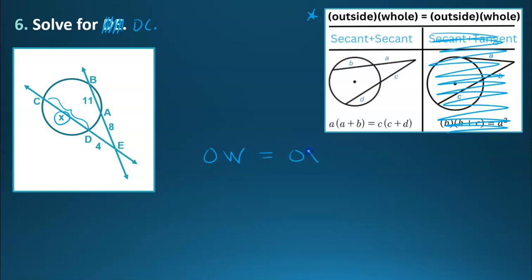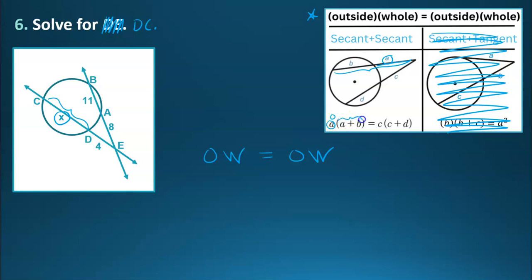It's outside times whole equals outside times whole. So what does that mean? For one of the lines, we take just the outside section, which is A in this case. That's the length outside the circle, the O in ow. We multiply that by the whole length inside and outside, so that would be A plus B.